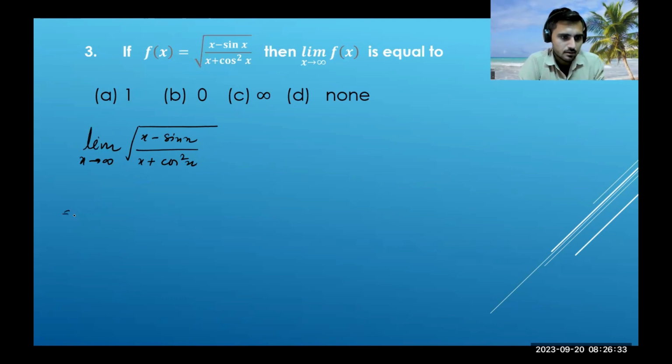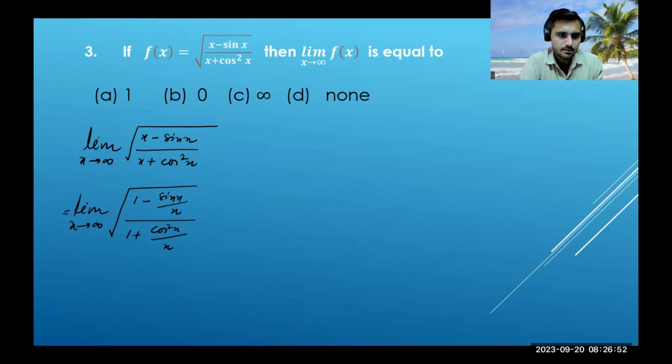So limit x tends to infinity, and if we take x common, we get 1 minus sin x upon x, and again 1 plus cos square x upon x, right?